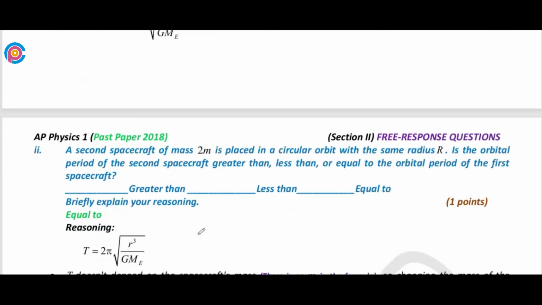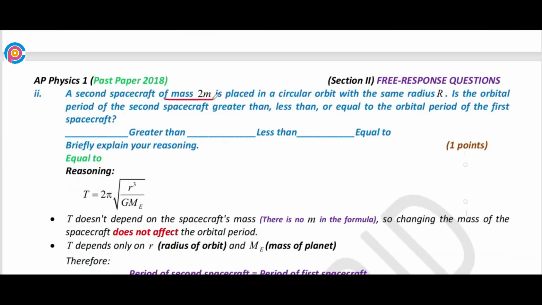In the next part, a second spacecraft of mass 2m is placed in a circular orbit with the same radius r. Is the new orbital period of the second spacecraft greater than, less than, or equal to the period of the first spacecraft? Explain briefly. In the previous relation, we calculated the time period as 2 pi times the square root of r cubed over G Me. From this formula, there is no spacecraft mass.